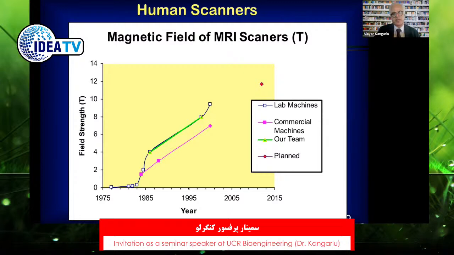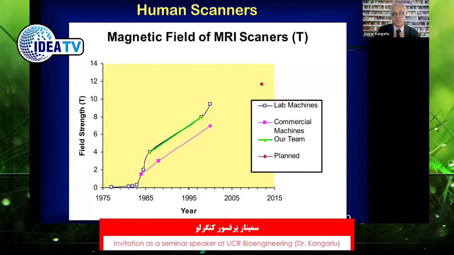I remember that once I was talking about our plan for moving the scanning field strength to human scanning field strength to 8 Tesla, and in the conference people were laughing at us, pointing to the safety concerns and the engineering challenges, such as susceptibility effect and RF coil, and specific absorption rate, SAR, the amount of heat that you will deposit into the subject in order to create a unit deflection in the magnetic dipole moment of the proton.